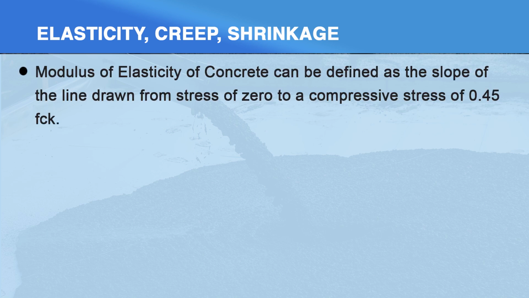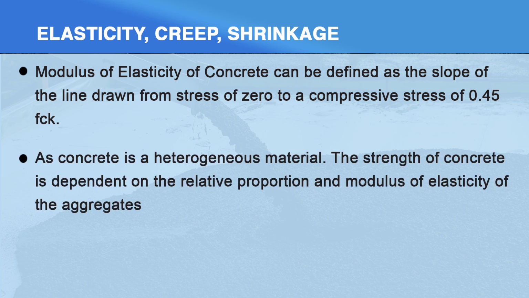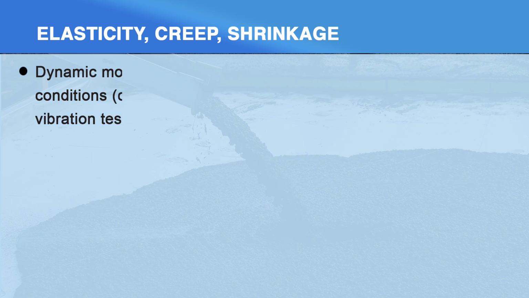Now, we will discuss some properties like the elasticity, creep and shrinkage. The modulus of elasticity of concrete is defined as the slope of the line drawn from a stress of 0 to a compressive stress of 0.45 fck. As concrete is a heterogeneous material, the strength of concrete is dependent on the relative proportion and modulus of elasticity of the aggregates.